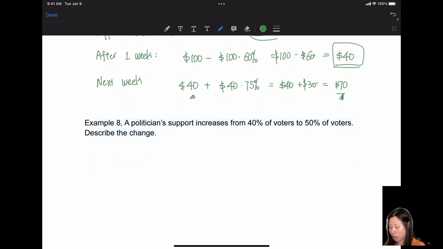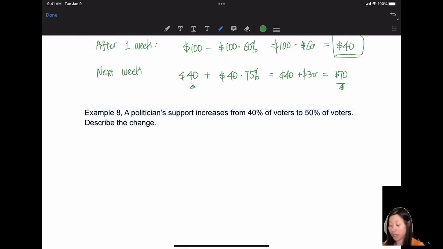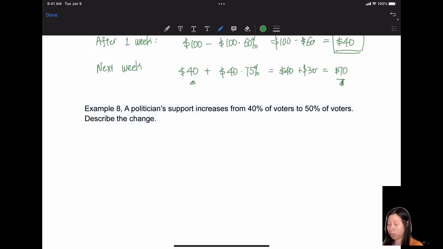Okay, I believe that's the last example. A politician's support increased from 40% of the voters to 50% of the voters. Describe the change. Even though this is not a number of items, the idea is the same. When it comes to change, there are two kinds: absolute change or relative change. So what is the absolute change?